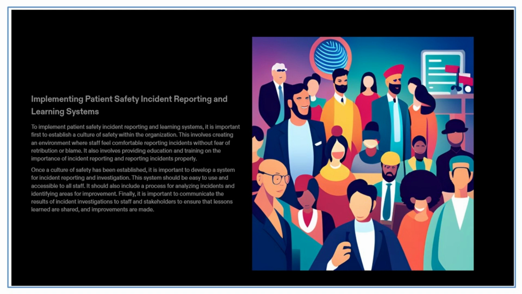And finally, it is important to communicate the result of the investigation to the staff and the stakeholders to ensure that the lessons learned are shared and the improvements are made.